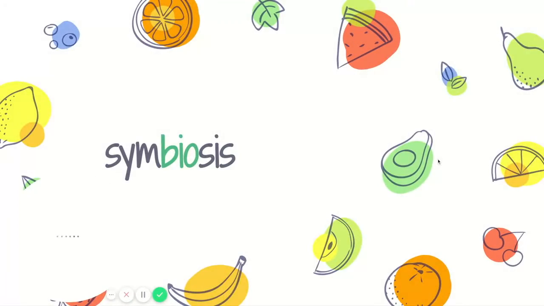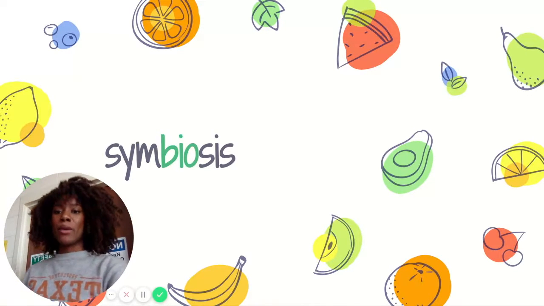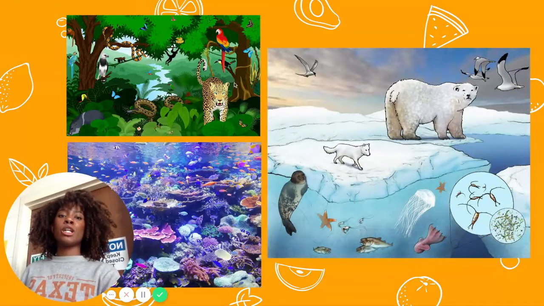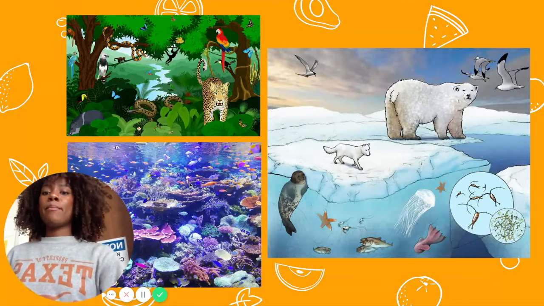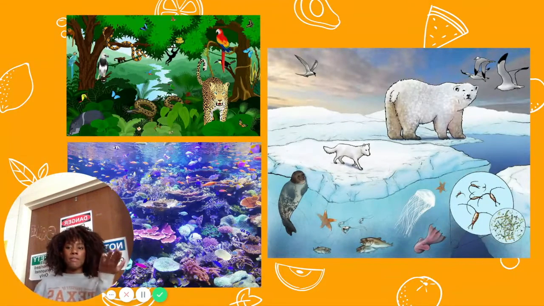Today we're going to be talking about this thing called symbiosis. So to recap what we learned last lecture, we talked about various ecosystems, various environments in the natural world, right? We looked at this rainforest picture, a tundra, and a marine ecosystem. We learned these two words that meant living and non-living, right?